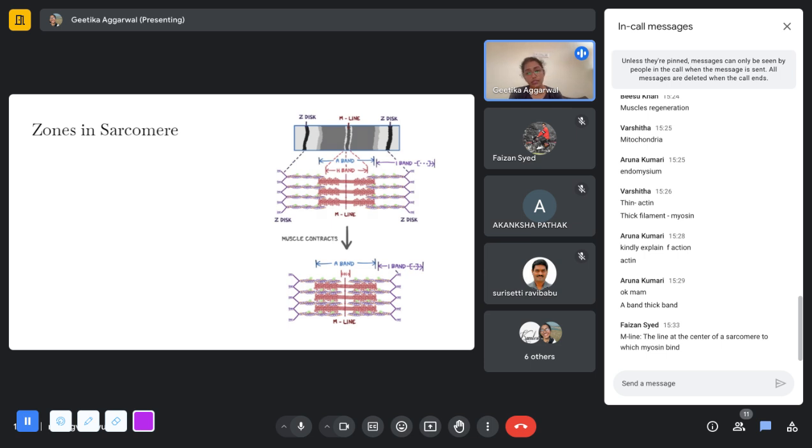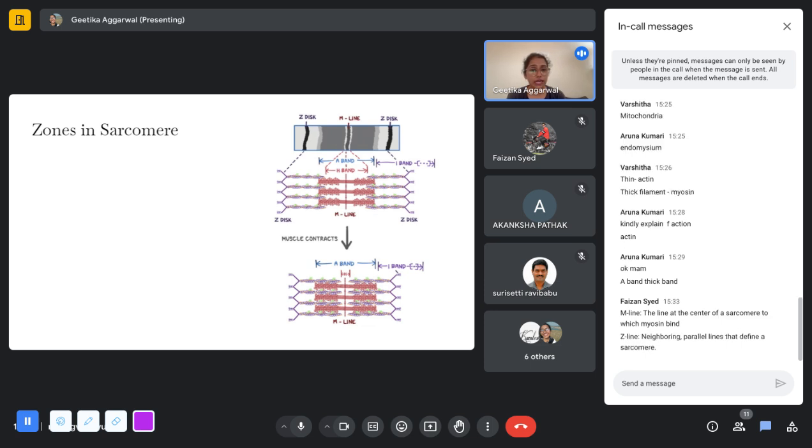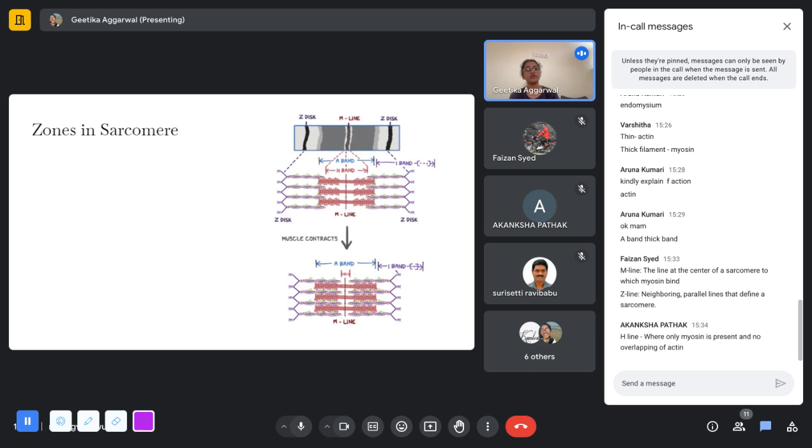Correct. M line is basically the line or the protein which is at the center of the sarcomere to which the myosin attaches. That is correct. You can see that in the diagram as well. M line is the central line to which these different myosin filaments attach. Similarly, what is the Z disc or the Z line? The neighboring lines that define a sarcomere.